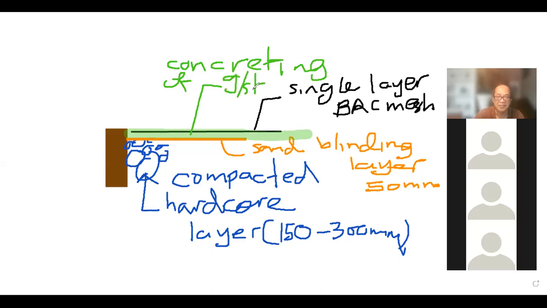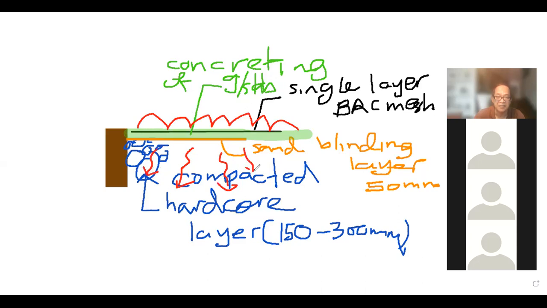So this is a typical non-suspended construction where there is no physical connection between the ground slab and the ground beam, which means that whatever loads act on the ground slab are transferred directly to the soil below.